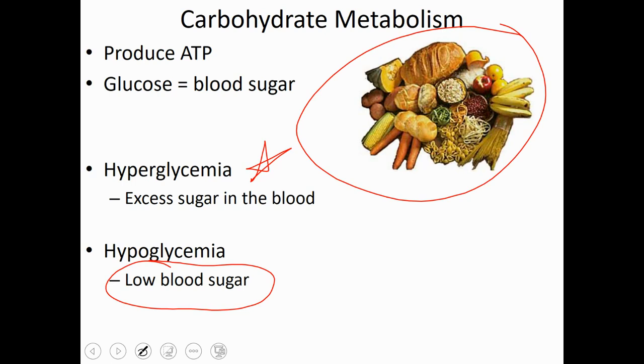All right, but that's just a quick little overview of carbohydrates. The two forms that we see with people mostly is either they're hyperglycemic, meaning they have too much sugar in their blood and their body can't really store it, or hypoglycemia, which means their body is not releasing stored sugar to keep their blood sugar up.